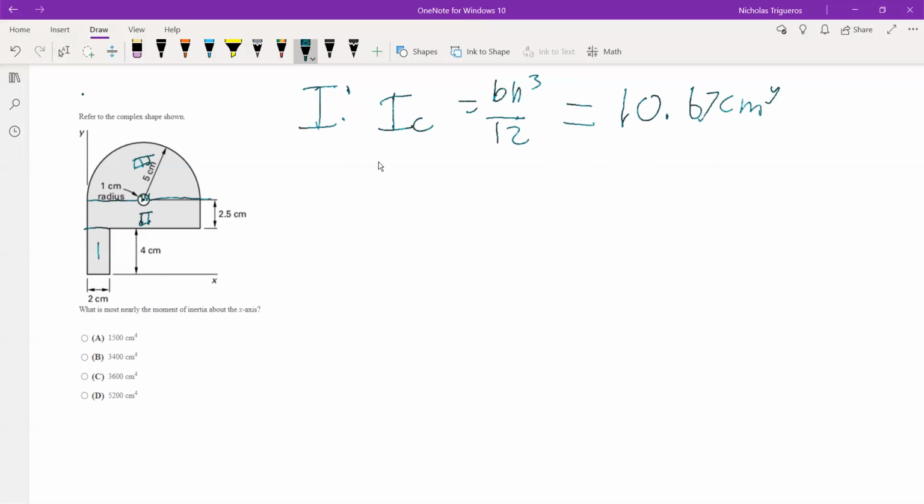Cool. We got that shape. At the end, I'm just going to write this here now. At the end, what we're going to have to do to get the total moment of inertia in the x direction is the sum of all IXC plus the sum of all d squared A for the parallel axis theorem.